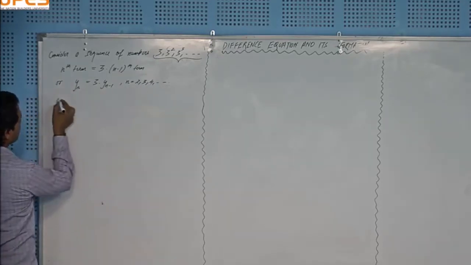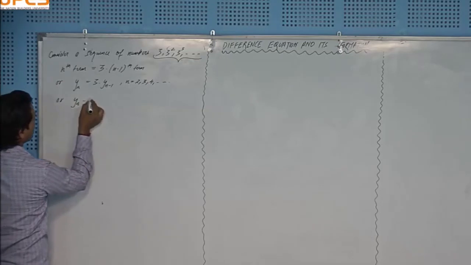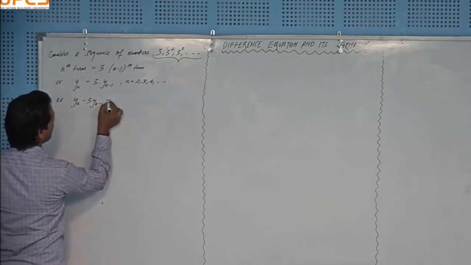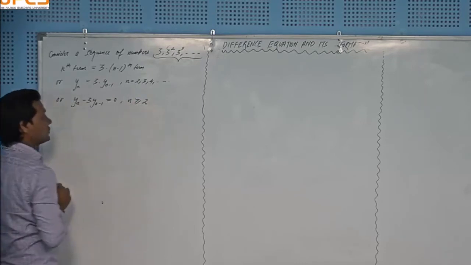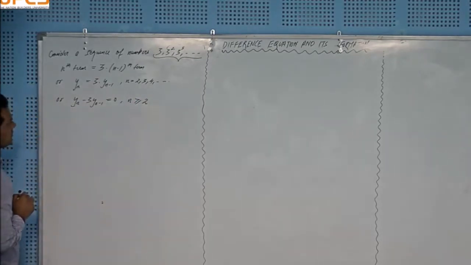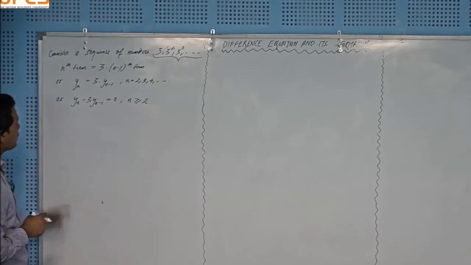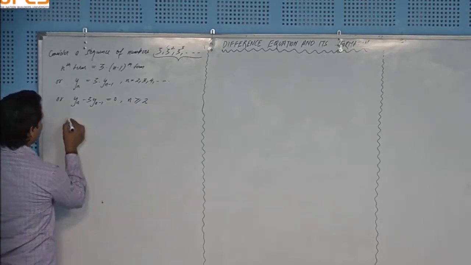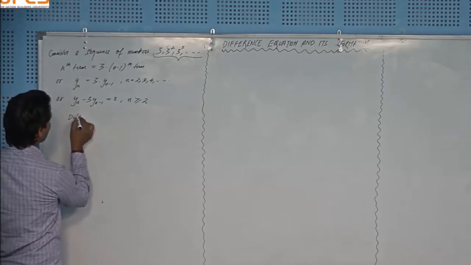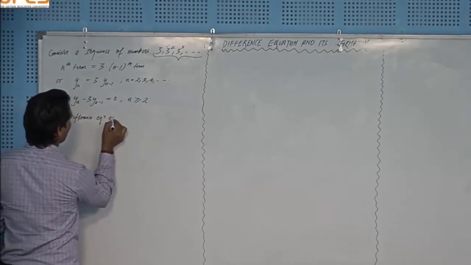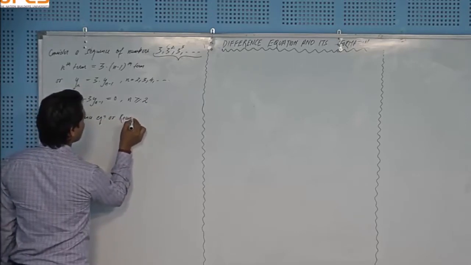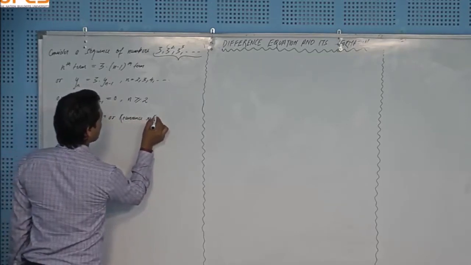Or you can write it in this way: yn minus 3 times yn minus 1 equal to 0, for n greater than or equal to 2. This is called the difference equation, or you call it a recurrence relation.